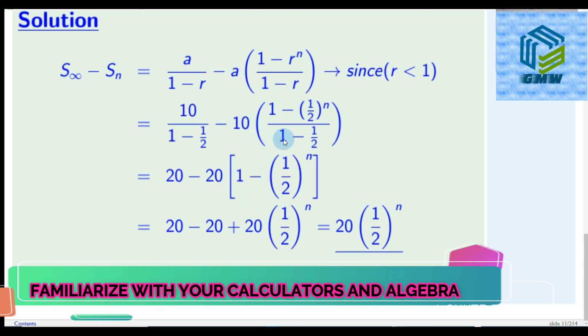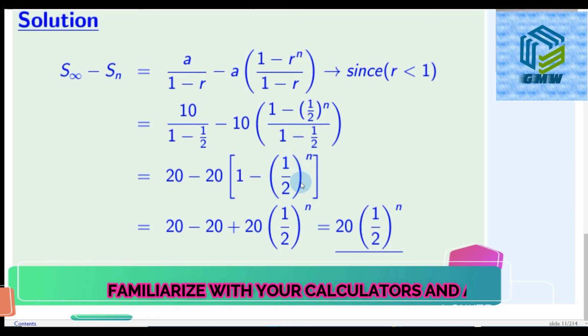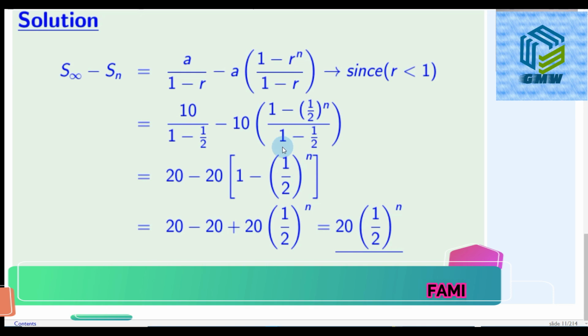So 10 divided by half, you will get 20. Open bracket, what remains in the bracket is this, half, and everything to the power of n. Please, neatness is also important when you are dealing with this. If you write your work unclearly, even yourself, you end up making unnecessary mistakes, losing marks.